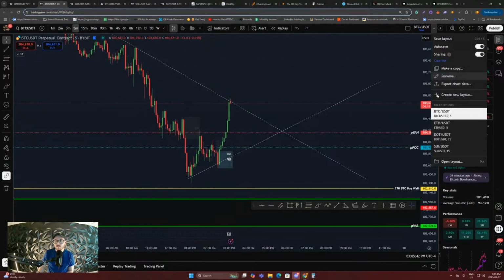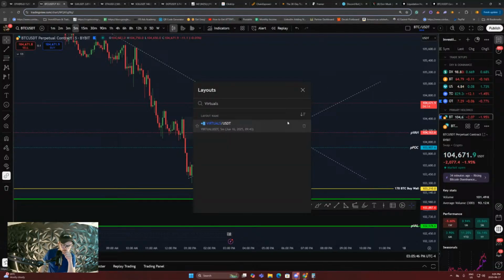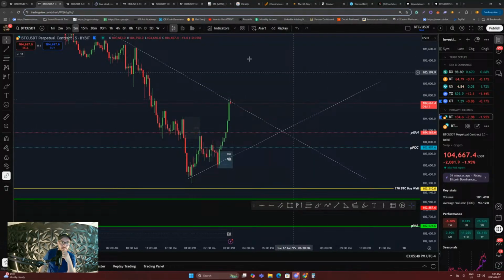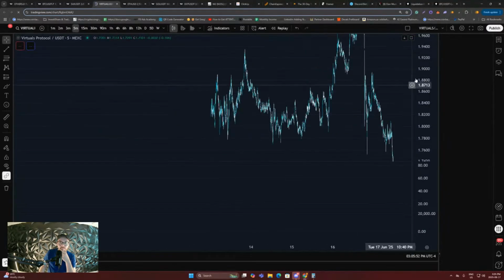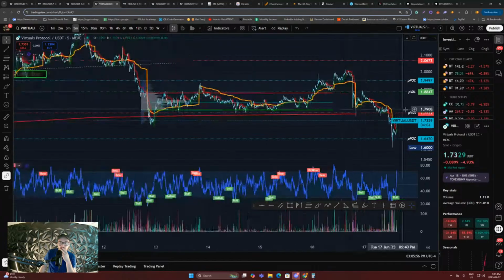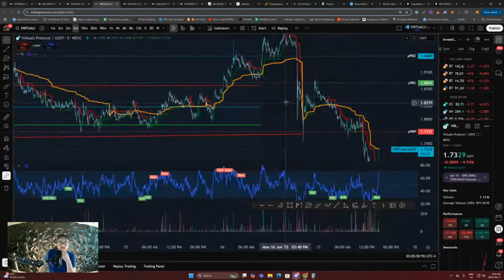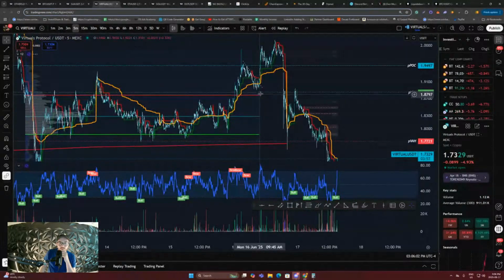Virtuals. Last time I looked at this was yesterday. What were we looking at yesterday? So yeah, virtuals yesterday was at this value area high.